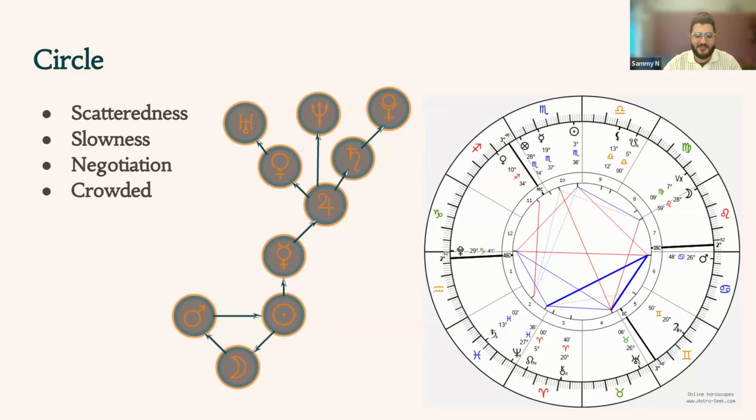When it comes to debilitated planets, I don't like to think of them as bad. They are struggling more, that is true. But you have to be a lot more creative with them because you have to find different ways of working with that planet.